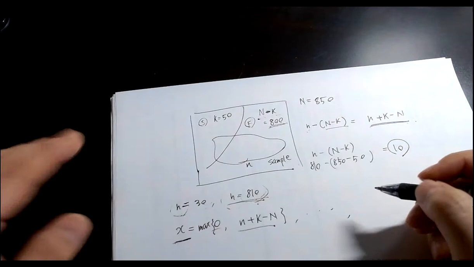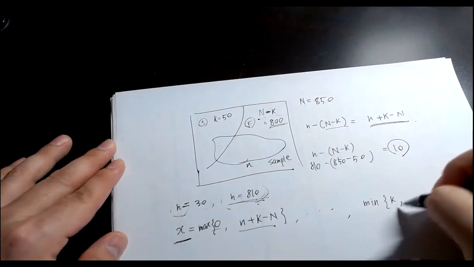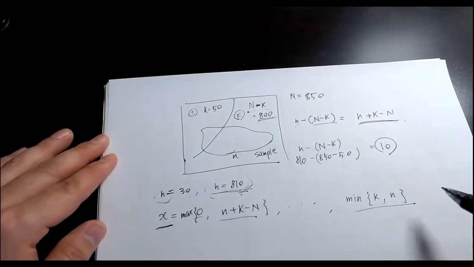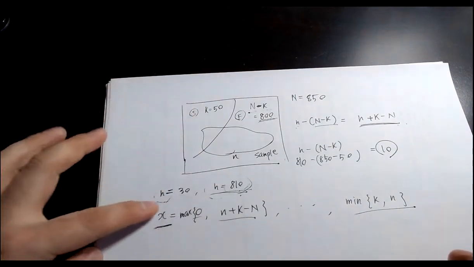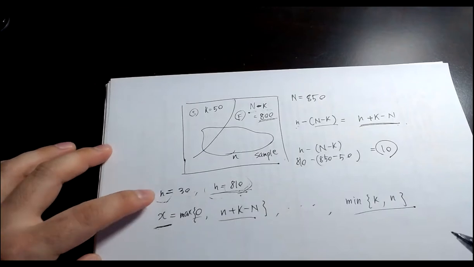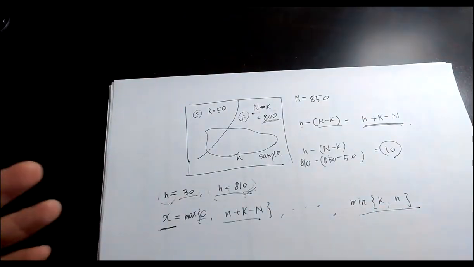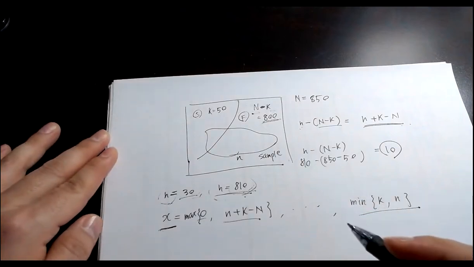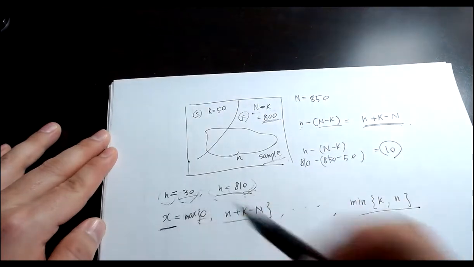And then look at my lecture note. We see this one, minimum of k and n. Similarly, we can figure out why we got this one, because think of two cases: n is 30 and n equals 810. If n equals 30, then the maximum possible number of objects classified as successes in that sample will not exceed 30, right?